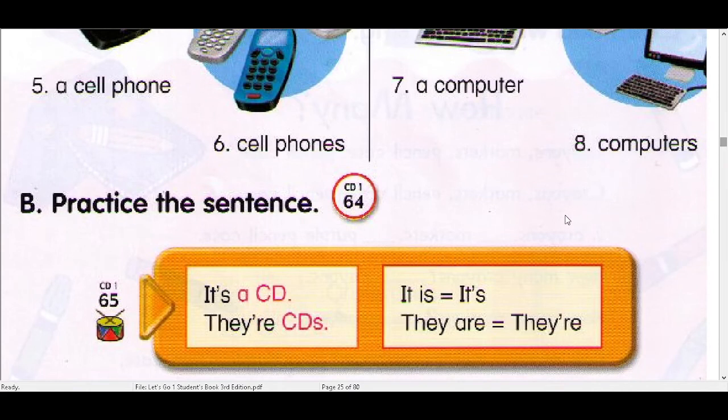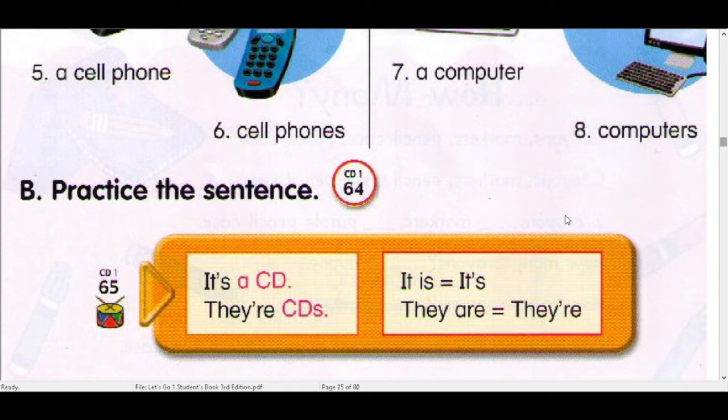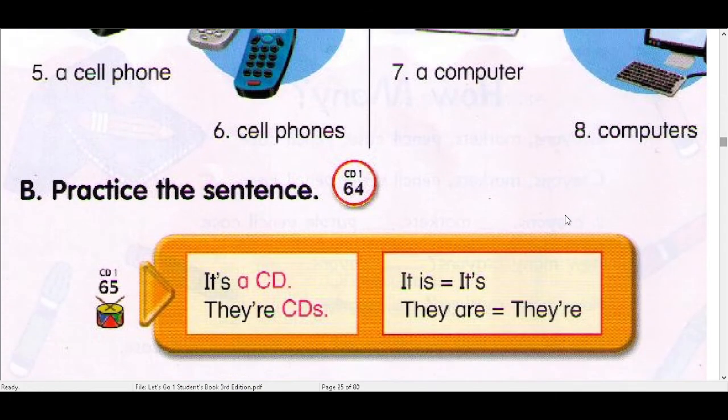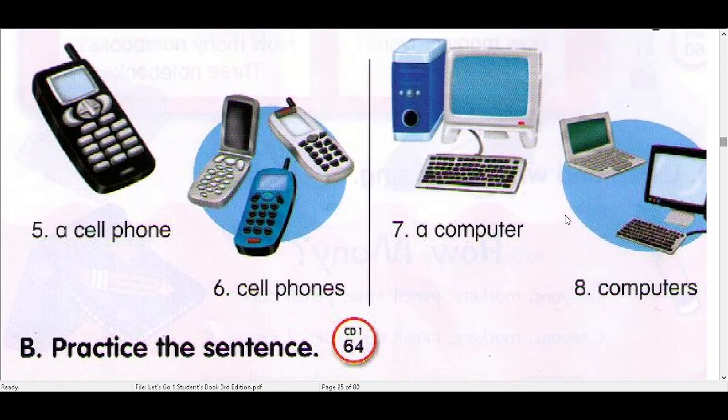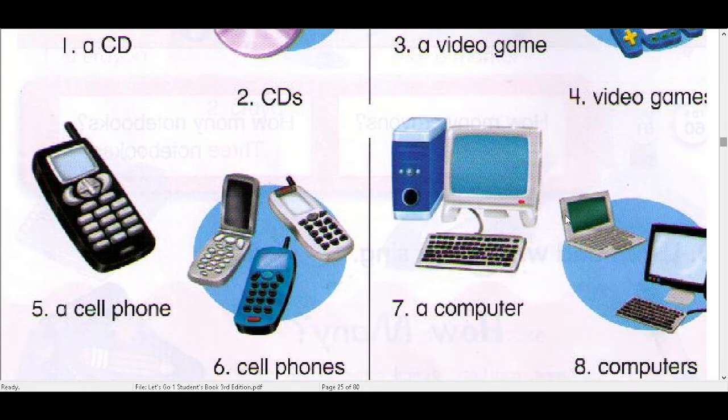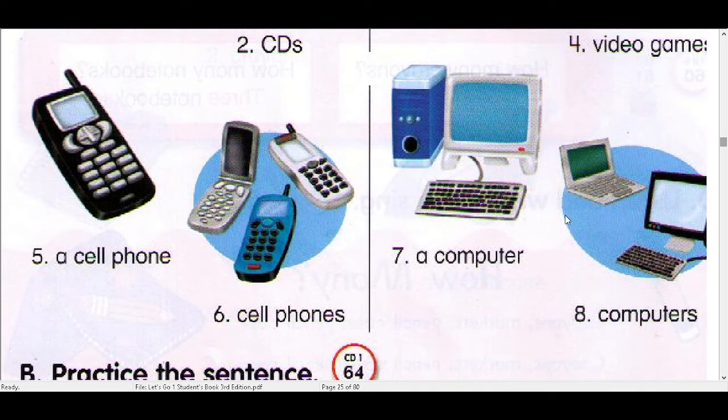Track 64. B. Practice the sentence. It's a CD. They're CDs. It is. It's. They are. They're. It's a CD. They're CDs. It's a video game. They're video games. It's a cell phone. They're cell phones.